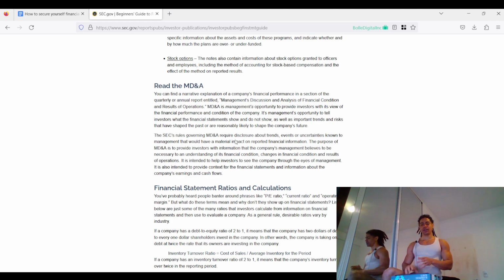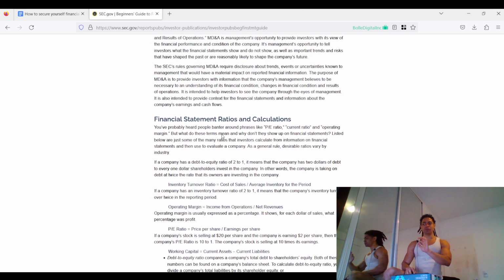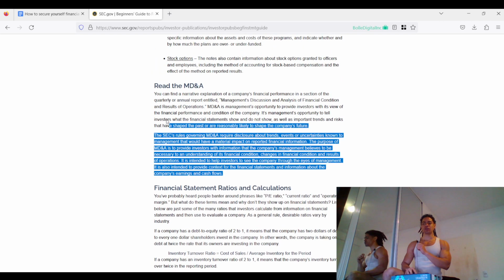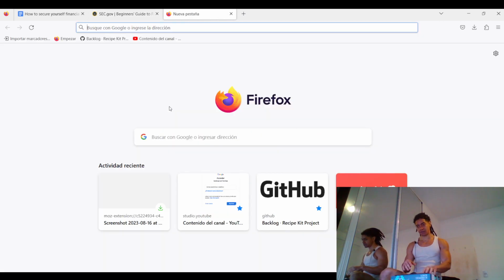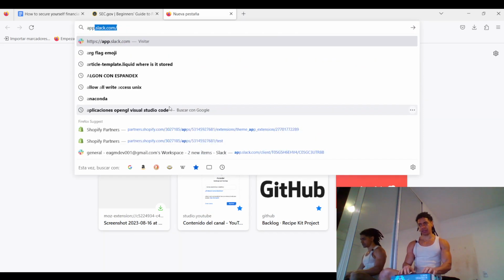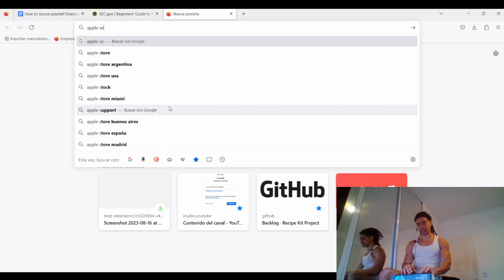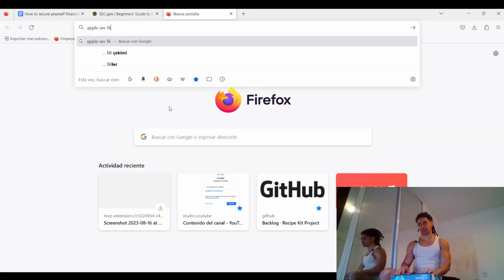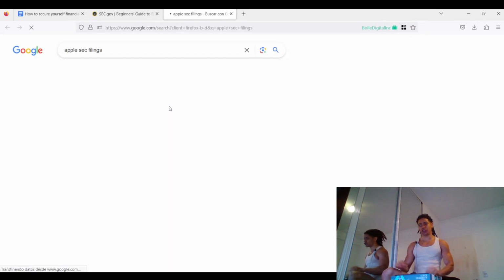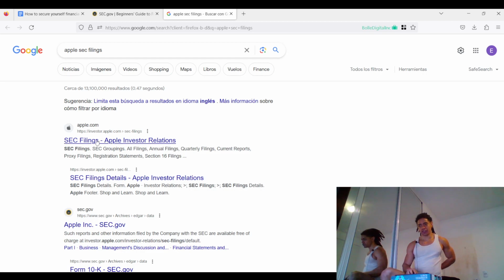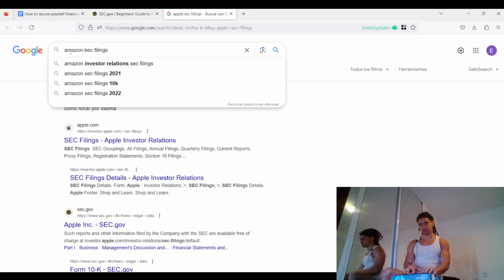Okay, and then right now I'm looking at how you can find this kind of data. For example, the Apple SEC filings. They have the Apple SEC filings. All right, on the 10Q, which is this format, you can see the SEC filings for Apple, or also for Amazon as well.